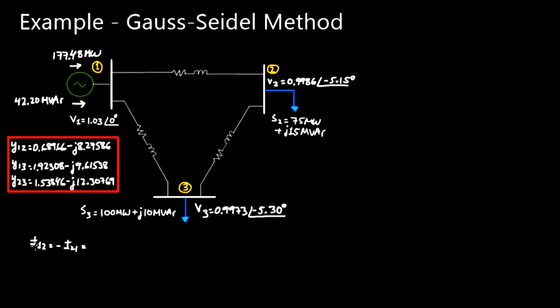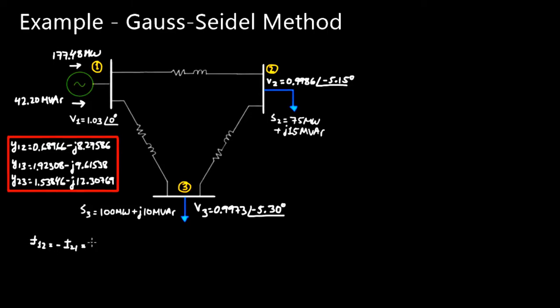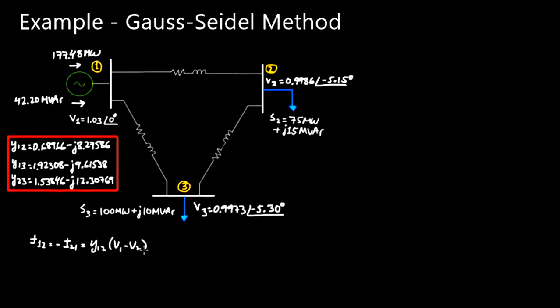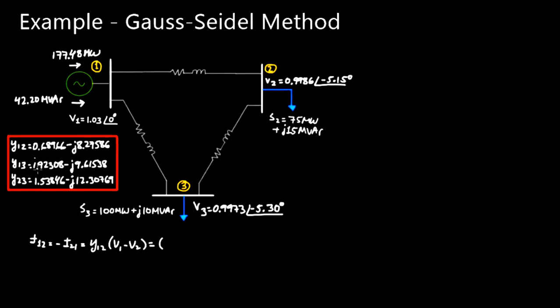This is just a matter of notation so that we can use it when we calculate the sending and receiving end powers. Basically I12 is equal to the admittance Y12 times the difference in voltages between bus 1 and bus 2, so V1 minus V2. I wrote down the admittances for reference in this red box.